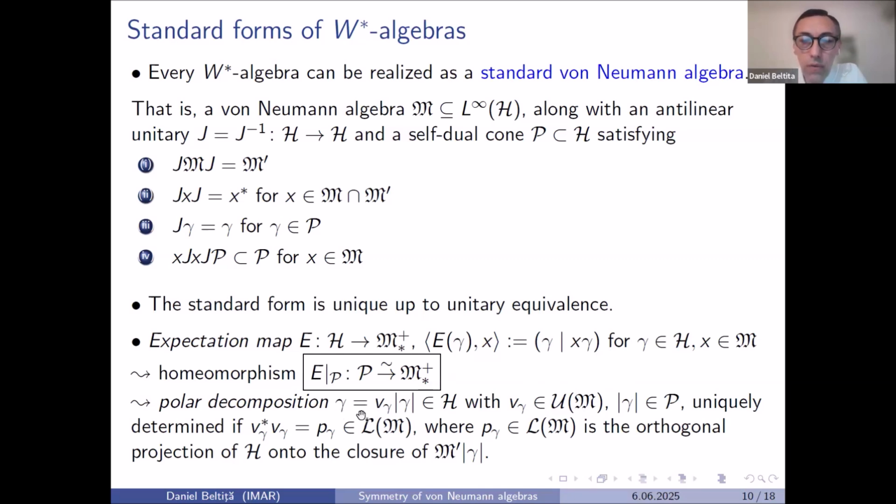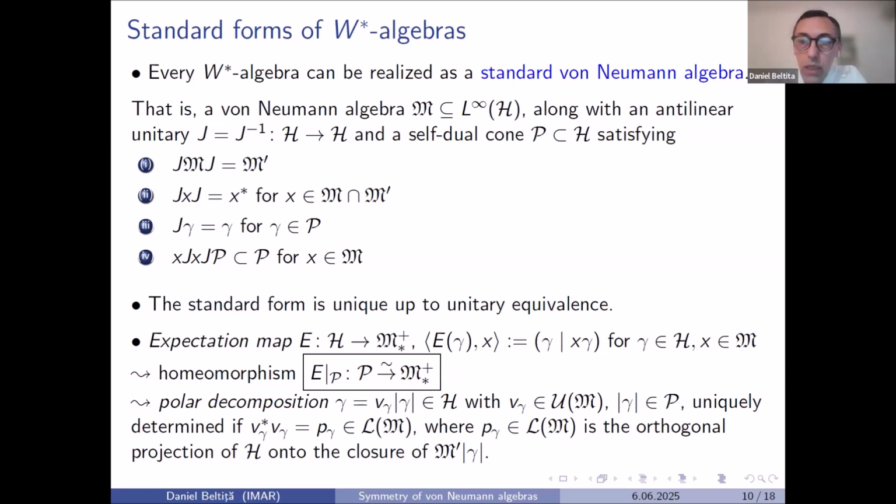And we have uniqueness if the initial space of the partial isometry is the cyclic projection determined by the vector gamma. So this P, that is why we denote it by P, because we think of it as a positive cone in the Hilbert space. And this is then similar to the polar decomposition, except that we don't have a factorization because we have an operator applied to a positive vector.